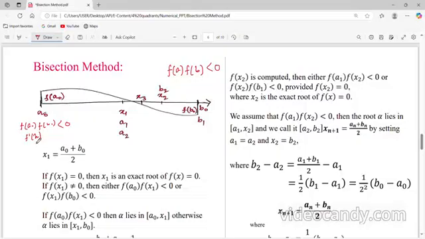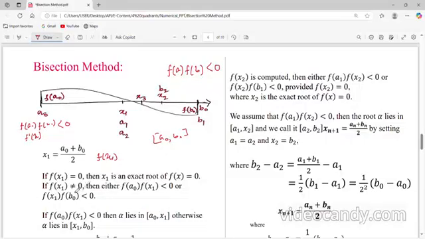Now we shall find a sequence x_n, each element of which is a successively better approximation of the root, say alpha, of f(x) = 0 in [a0, b0]. So let the interval [a0, b0] be divided into two equal parts, x1 = (a0 + b0)/2, and f(x1) is calculated.